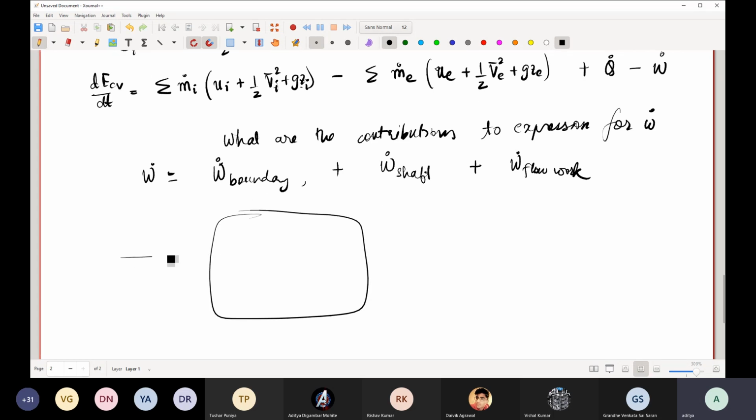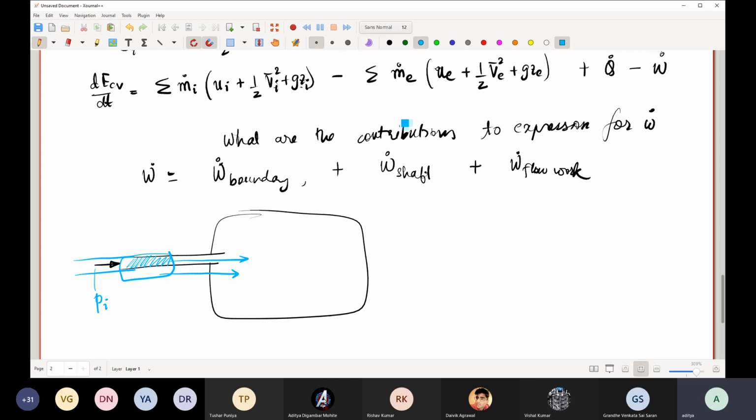Imagine this is a control volume and you have a pipeline coming in. When there is flow coming in, the control mass, if I imagine this to be a control mass, when it has to go into this control volume, the pressure in the pipeline, which is say P_i, that is the inlet pressure, has to sort of push it in.